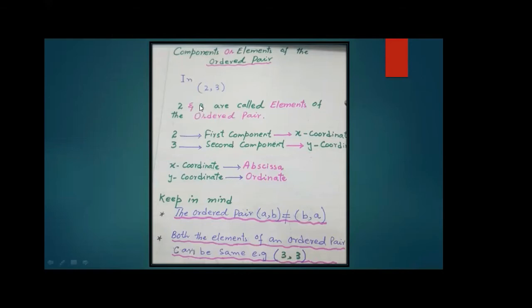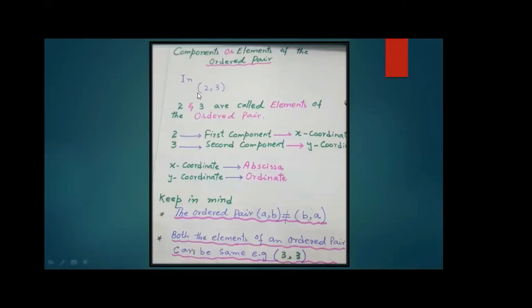Now come towards the second element, that is 3. Focus on this 3. This 3 is the second component of the ordered pair. We also call it Y ordinate, or ordinate of the ordered pair. Is that clear?